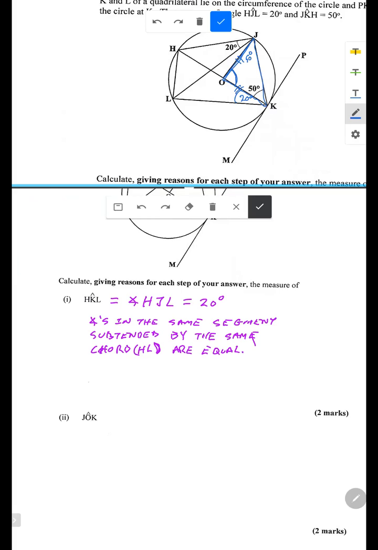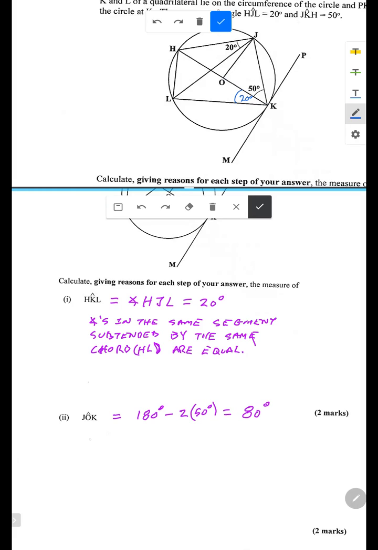So angle JOK is equal to 180 degrees minus 2 times 50 degrees, which is equal to 80 degrees.